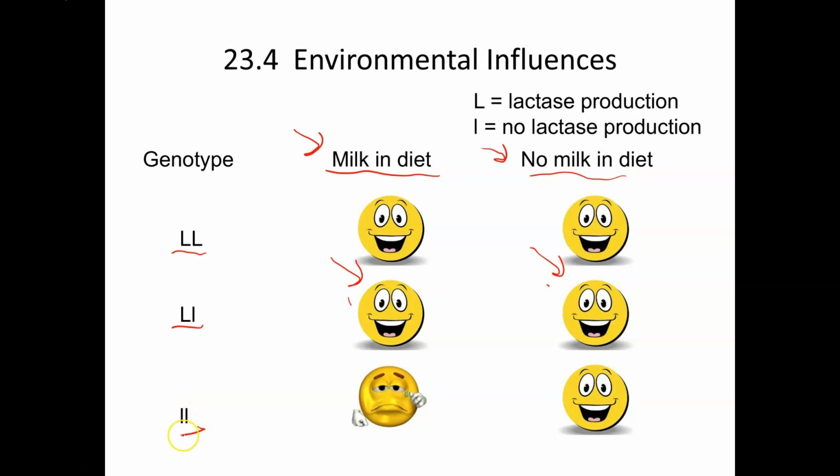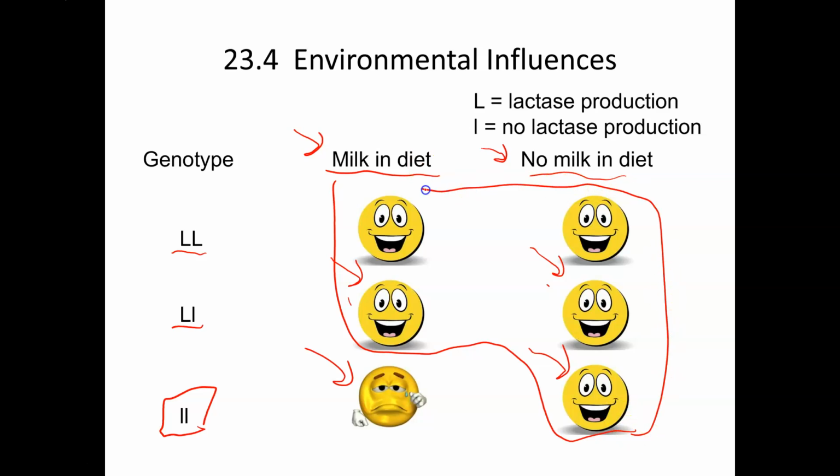But if you are homozygous recessive and you have milk in your diet, you're going to look very different than your counterpart who does not have milk in his diet. This individual looks just like all of these other individuals. They're all happy, so their phenotype changed because of their environment. So the environment influences that phenotype.